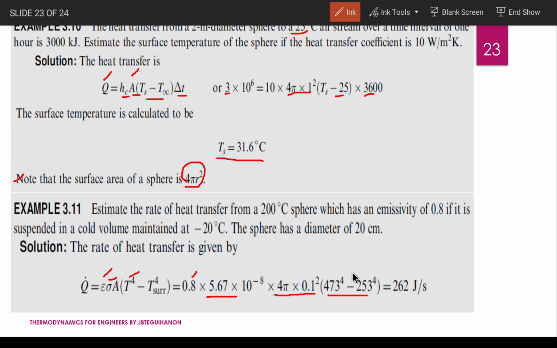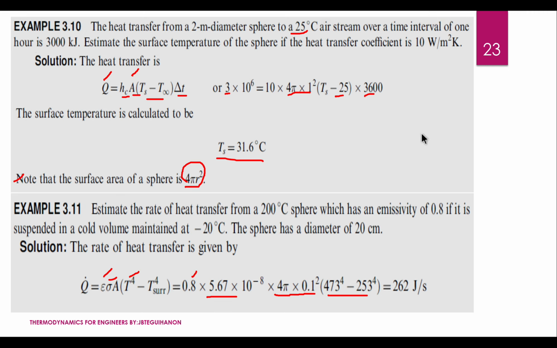Yan ay constant. Perform numerical calculation. Then you will have 262 joule per second.